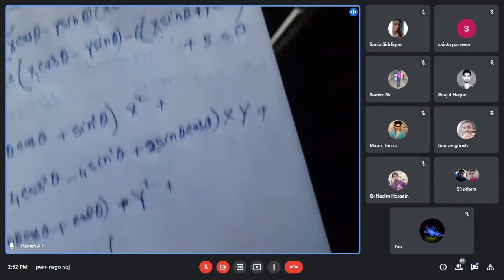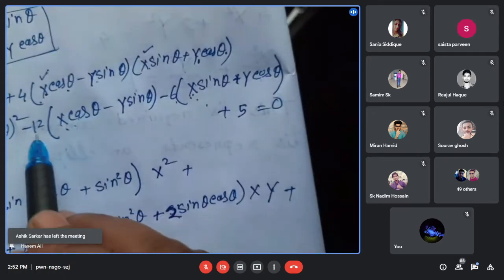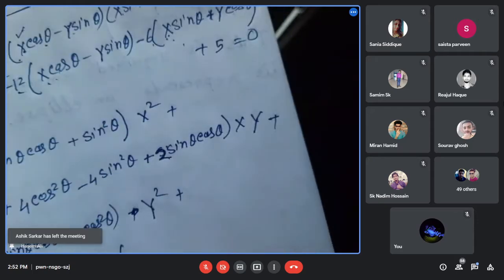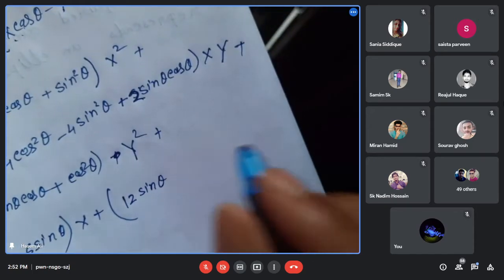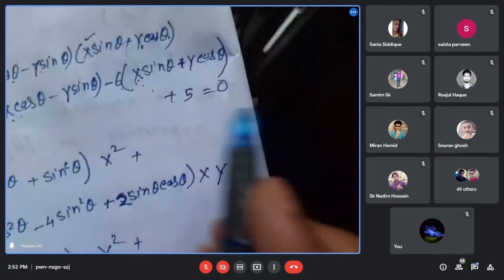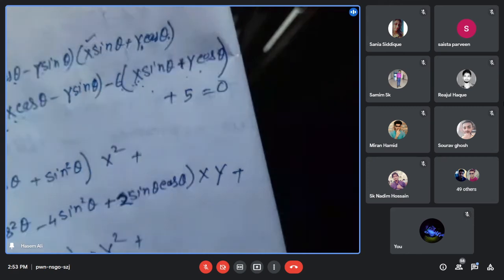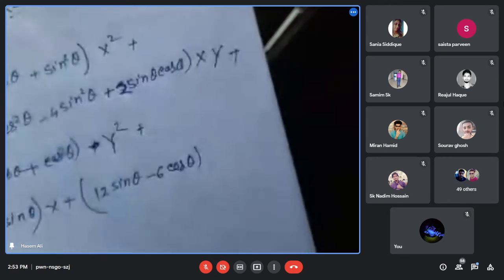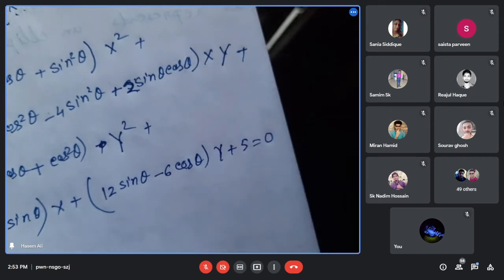And coefficient of y is plus 12 sin theta, and from here minus 6 cos theta into y, plus 5 equals to 0.